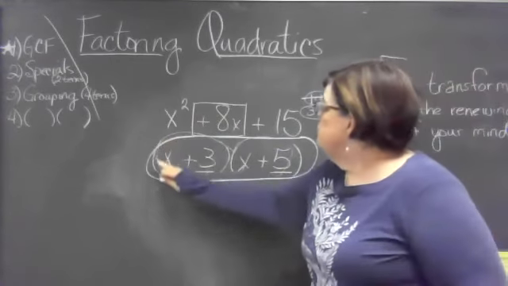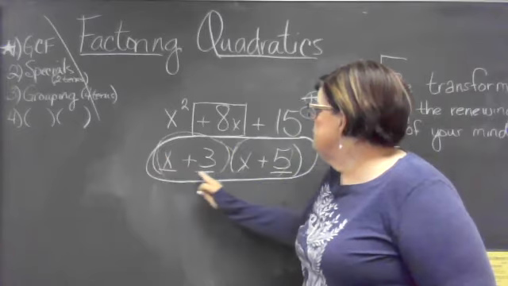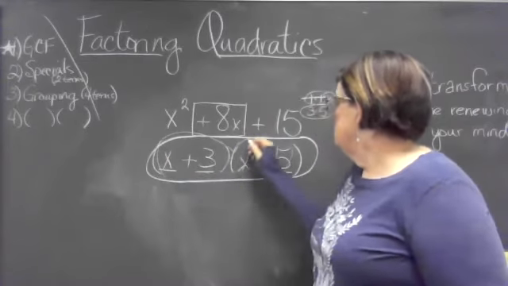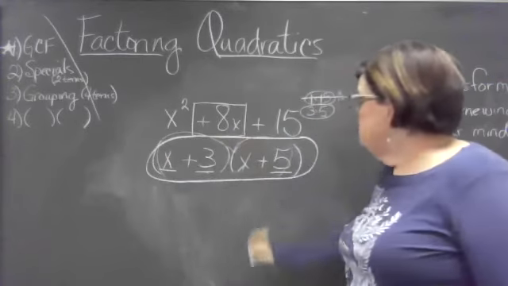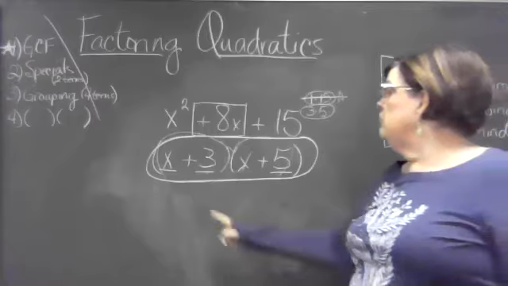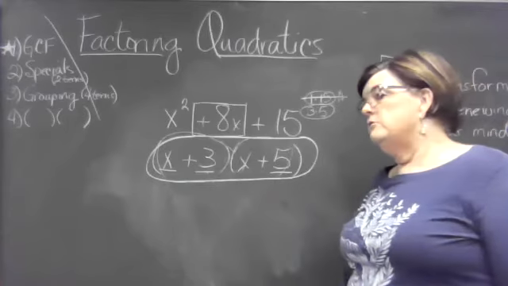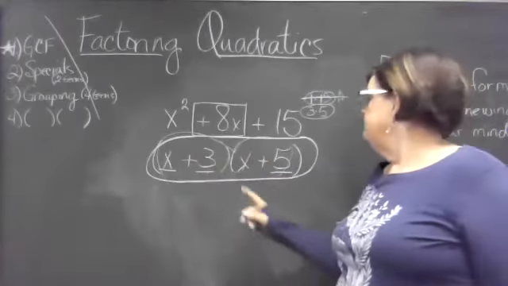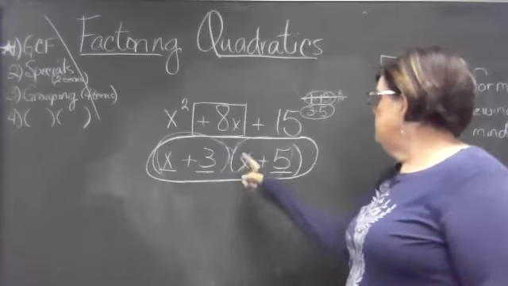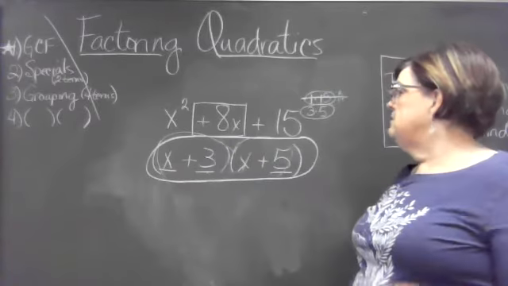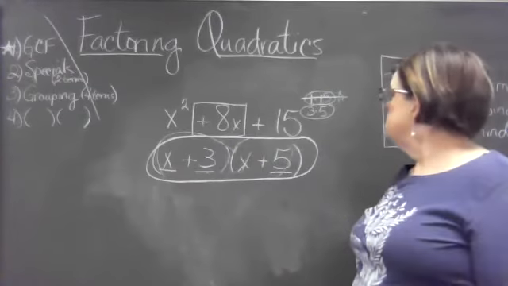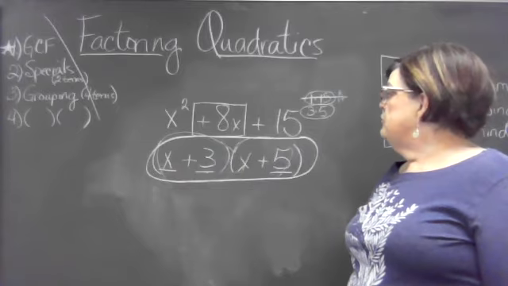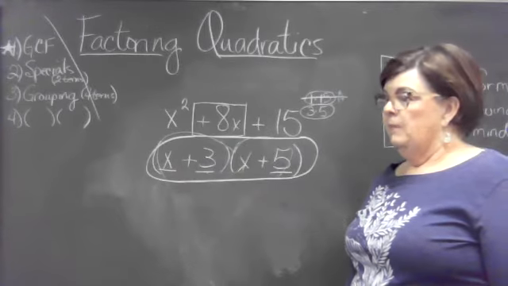Okay, this parentheses right here, x plus 3, is one of the factors. X plus 5 is the other factor. So there are 2 factors to this. Okay, there are not 1, 2, 3, 4. First parentheses is 1, second parentheses, this has 2 factors. Well, this is the first time you've seen it, okay?